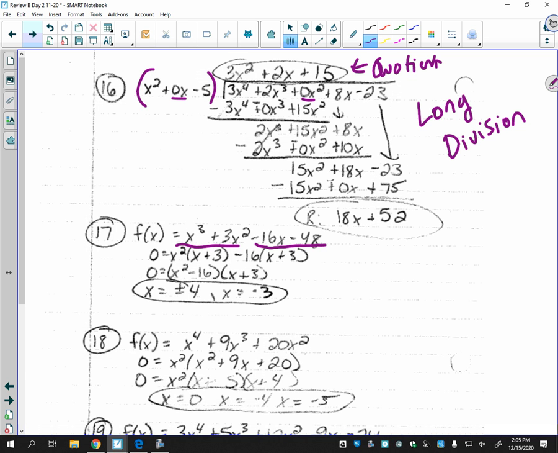Could you have done PRZs? Definitely. But to me, this is faster than PRZs, if it works. So I factored out an x squared here, and I got x plus 3. On this one, I factored out a negative 16, and I got x plus 3. If these two are the same, factor by grouping works. If they're not, you have to do PRZs and synthetic division.